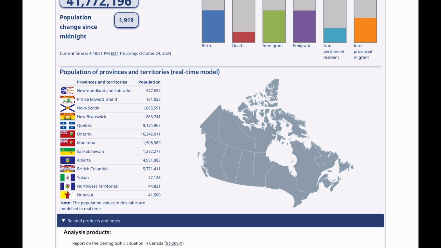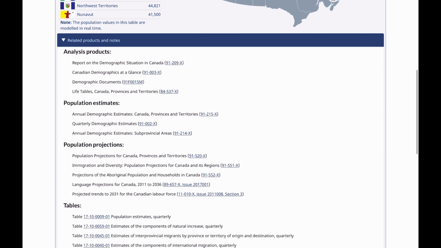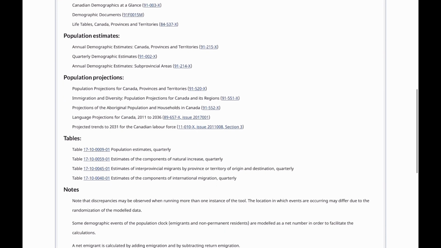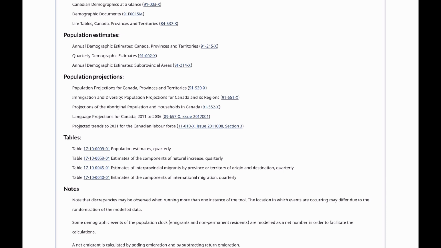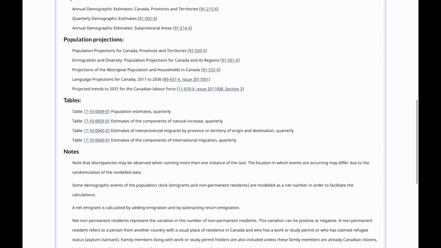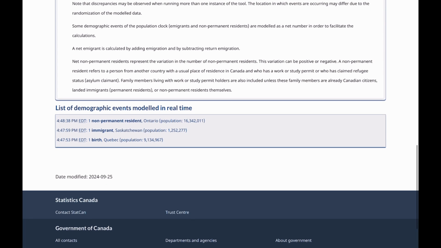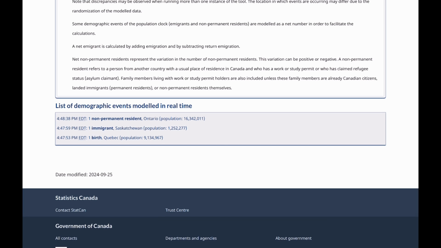And if you click on the related products and notes here, you will see just how many different data points it's continuously ingesting in order to build and adjust the processes. We can also see at the very bottom of this website, it says that the last date modified was September 25th of 2024, which means that this is the last time that the model was probably reset and changed up.